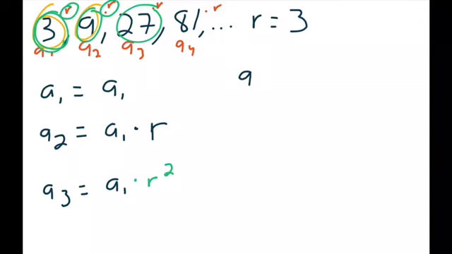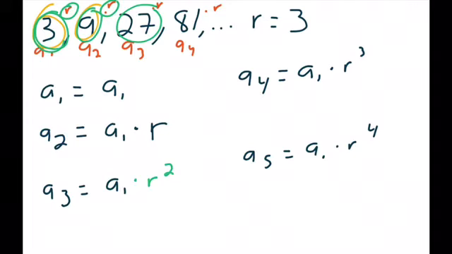Okay, so a sub 4 is going to be a sub 1 times r to the 3rd power, and a sub 5 is a sub 1 times r to the 4th power. Give everybody a chance to write this down.